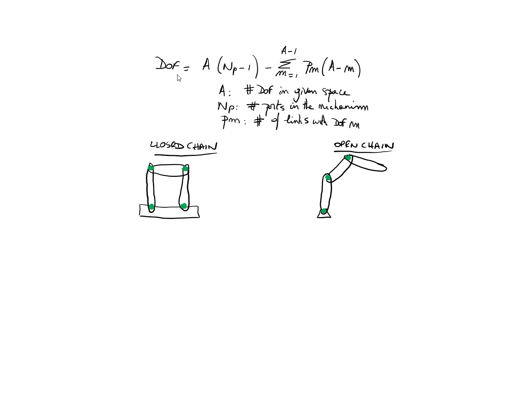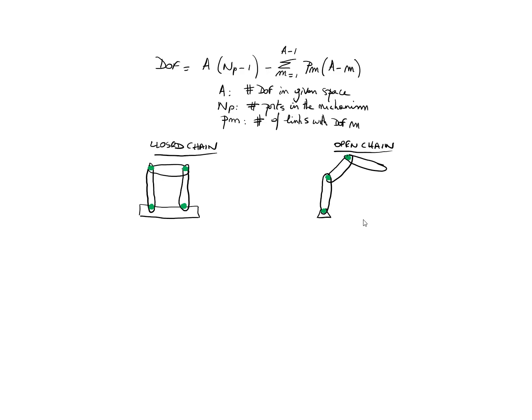And so these are my 2 examples. I have here a closed chain, and I'm working in a planar example, so I'm working in a plane, and here I have an open chain that can be seen as a kind of model of a crane.